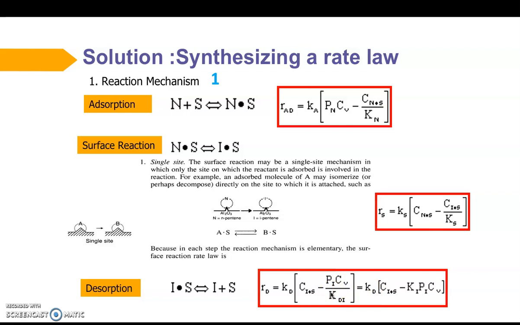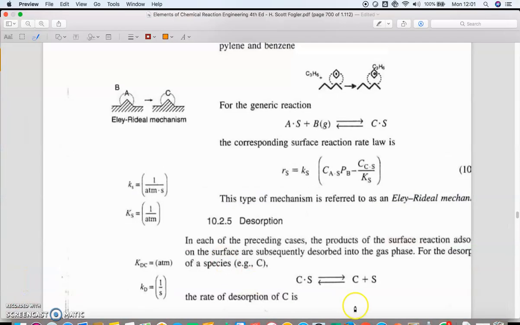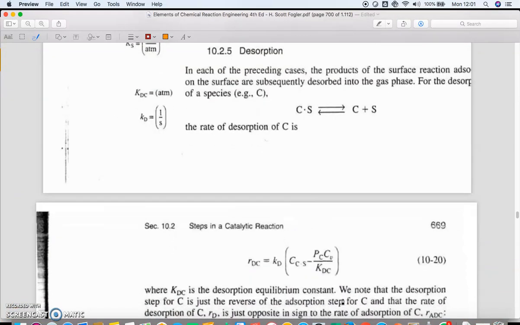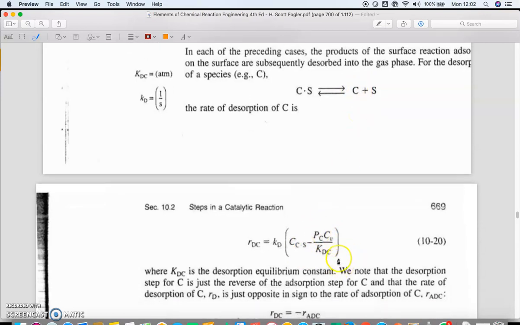Let's look in your textbook. Desorption is similar to adsorption: C dot S goes to C plus S. Here C is carbon, and carbon is a gas, so that's why P. So KDC is the desorption equilibrium constant for carbon.